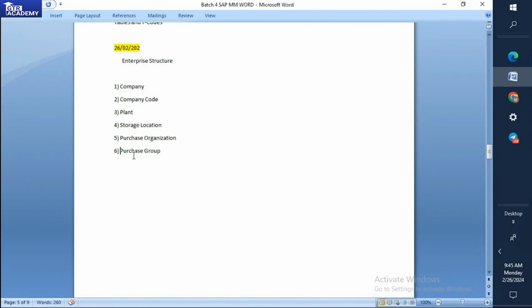All the organizational units are placed according to a hierarchy, and each level, like company code, plant level, storage location, purchase organization and purchase group, has its own specific functionality which needs to be performed. It defines various organizational units, and it represents the whole enterprise.